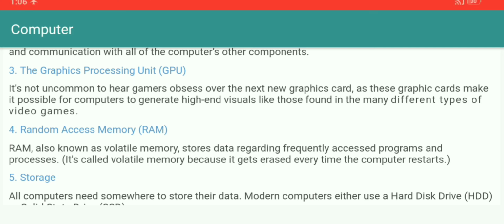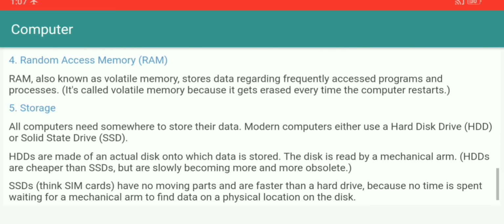So kaya pala mawawala yung mga files natin, yung mga information na nilagay natin sa RAM kasi pag ma-restart ito, ang ating computer ma-restart. So kaya tinatawag siyang volatile memory dahil mawawala lang yung mga files natin pag na-restart yung computer.